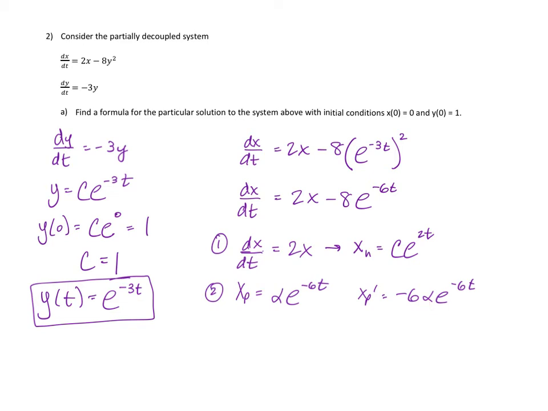Okay, so dx dt, that's negative 6 alpha e to the negative 6t equals 2 times x, which is alpha e to the negative 6t, minus 8 e to the negative 6t.